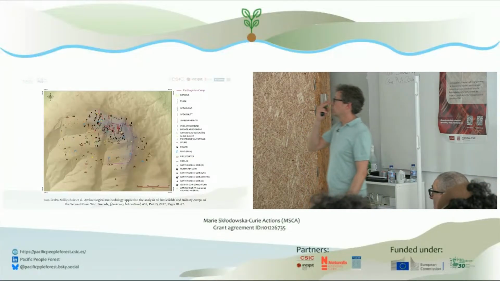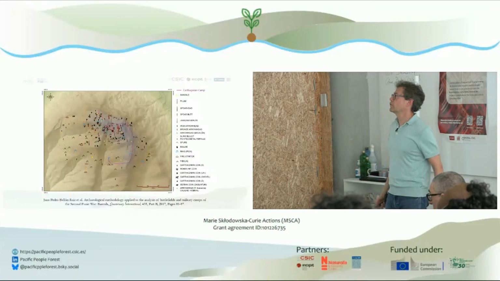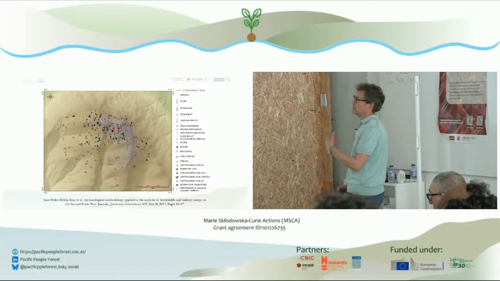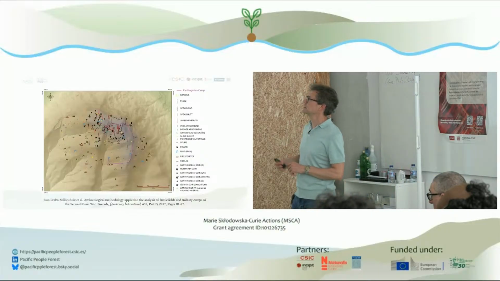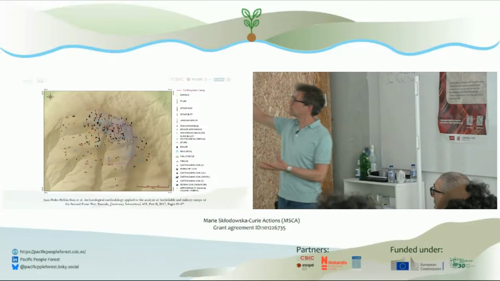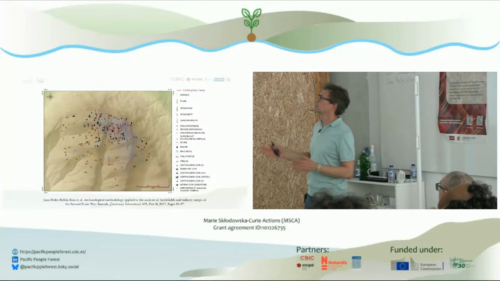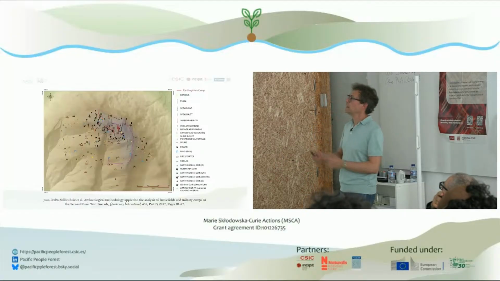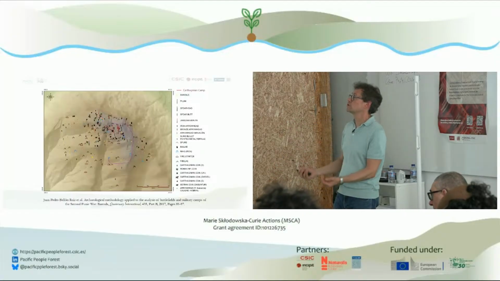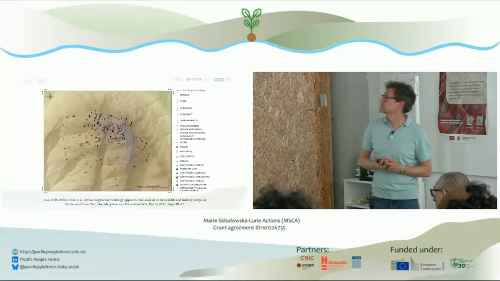Well, this is an example of an application of high accuracy GPS, in this case for an archaeological survey around an ancient battlefield from the Roman period in the south of Spain. And this is the kind of information that you can collect using these devices.